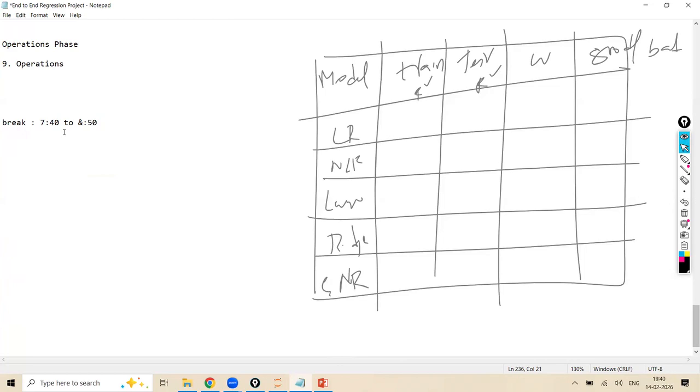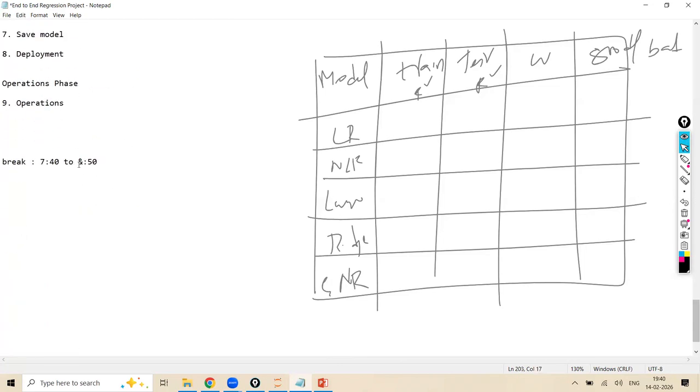Guys, once this project is ready, multiple linear regression will not take much time. Don't blame me later. Don't say that sir has taken very little time for multiple linear regression. Why I will not take that much time is because I have already explained the entire code for you. Lasso you know, ridge you know, train you know, test you know, CV you know, and grid search CV you know.